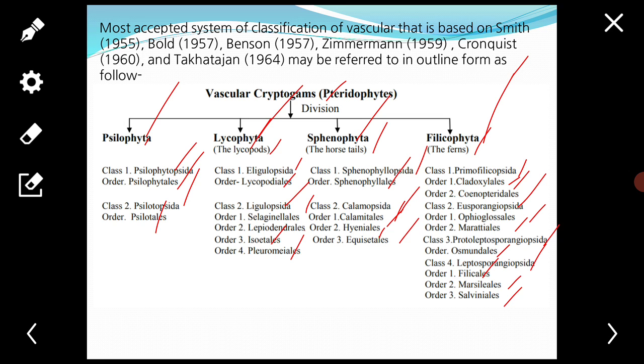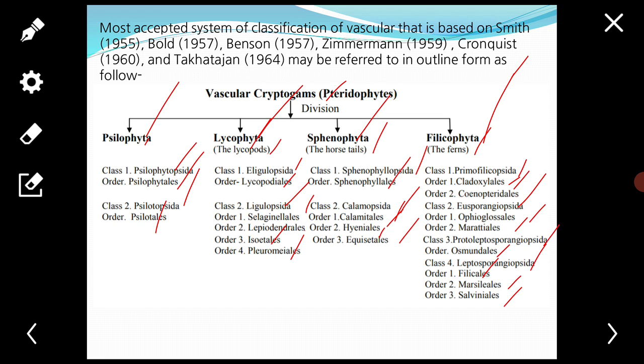Characteristics of the plants in this division. The plant body is sporophytic and can be differentiated into roots, stem and leaves. The leaves are small, meaning microphyllous, simple, with a single midvein. They are usually spirally arranged, sometimes in opposite fashion or even in whorls.